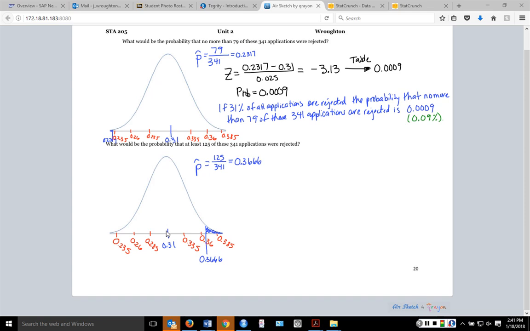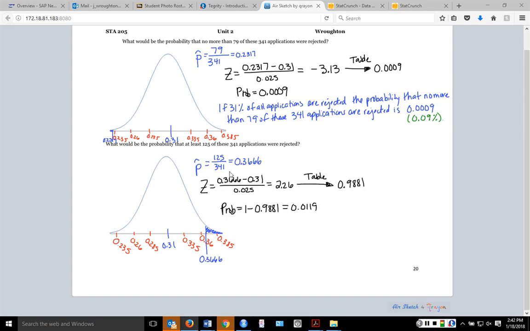I know I'm going to have to use the 1 minus rule, because I'm shaded right. And I know that my z is going to be positive this time, since we're to the right, or above the mean. And we're going between 2 and 3 standard deviations above, so it's going to be between 2 and 3.